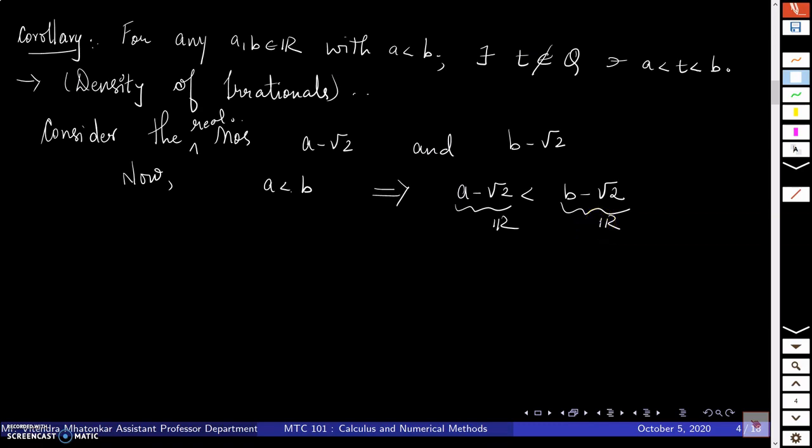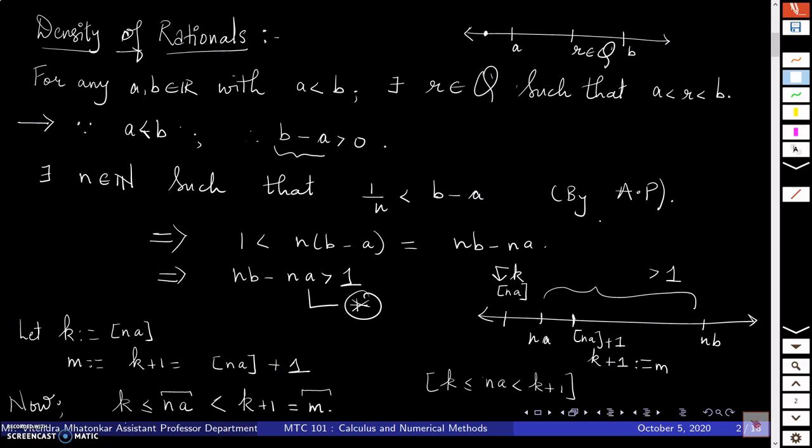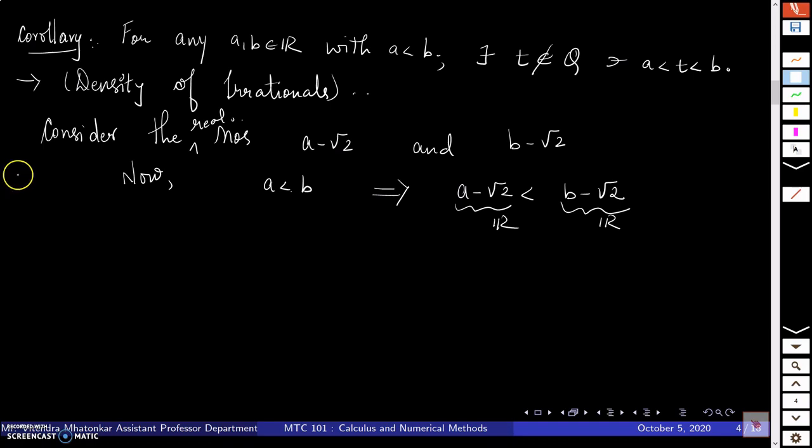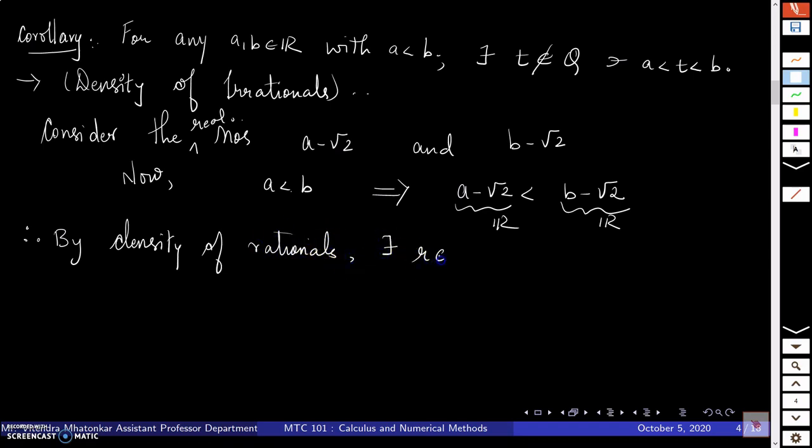And if I go back to the previous result, it says between any two real numbers a and b, I can find a rational r. So similarly, by density of rationals, between these two real numbers also I can find a rational r. So therefore by density of rationals, there exists a rational number r such that a minus root 2 is strictly less than r is strictly less than b minus root 2.